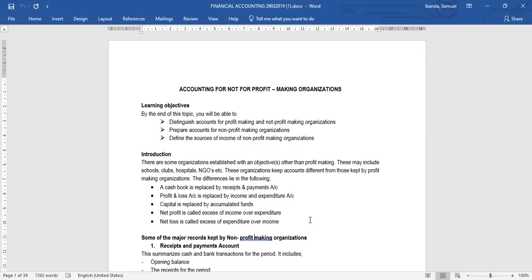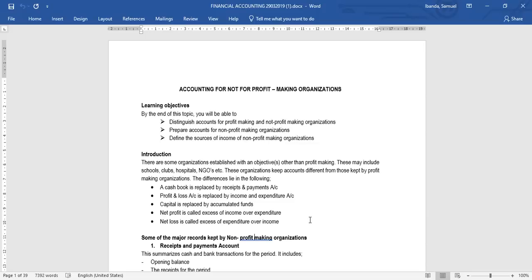Now, for non-for-profit, where we have a net profit in the private for-profit businesses, here you can call it excess of income over expenditure, okay? That is your profit. Remember, these are non-for-profit, so they don't have anything to do with net profit. All they have is excess of income over expenditure.